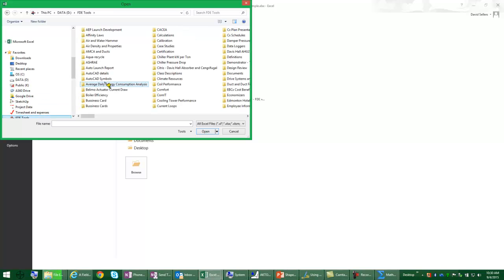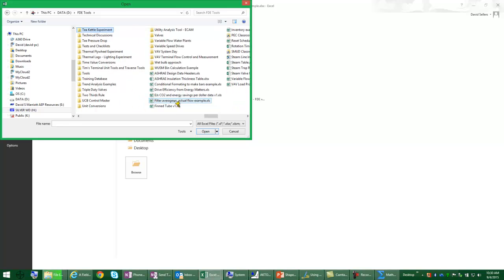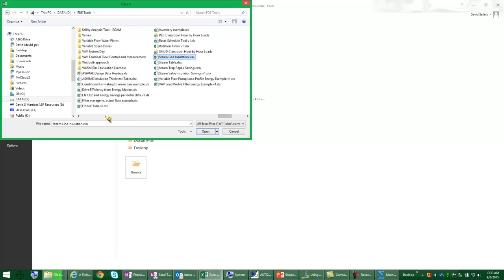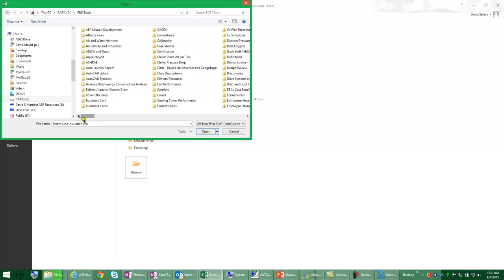I think it's in a folder called Standard Atmosphere. It's not there. I forgot I needed to make this correction. Oh, there we go. Air density and properties. I believe it's in there.